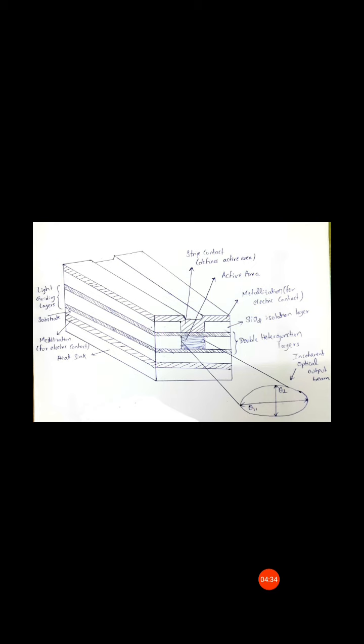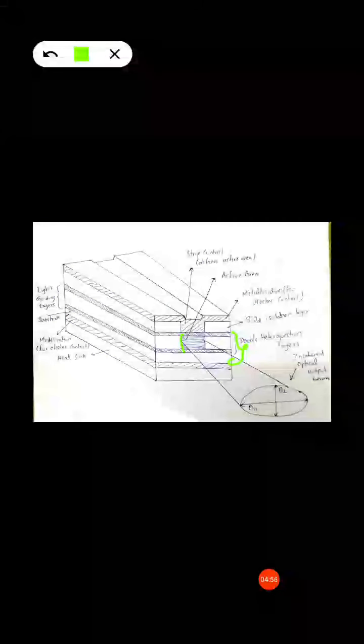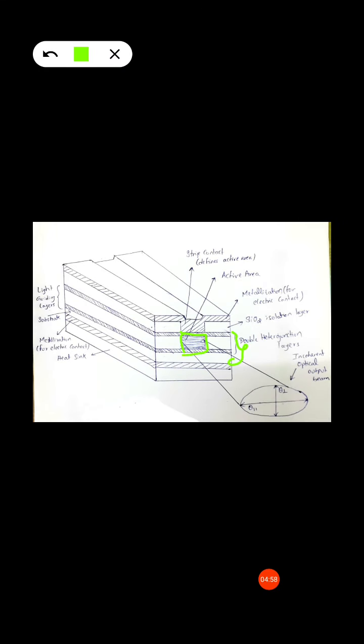It consists of the active region and two guiding layers, the double heterojunction layers or light guiding layers we just discussed. From the active region we get the light from this edge emitting LED.